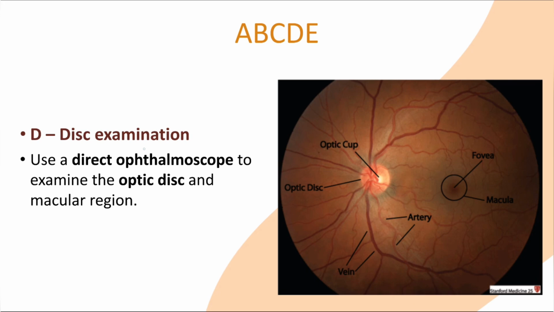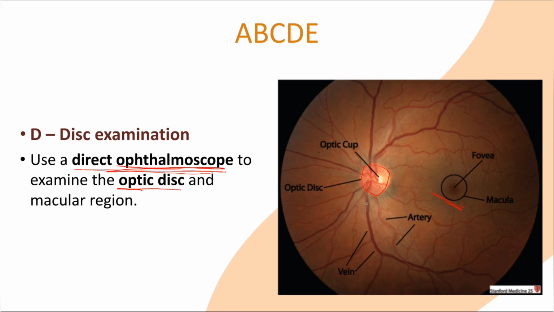Disc examination should be done by the direct ophthalmoscope. Most of the time it's not available, and even if it's available, many doctors cannot master the ophthalmoscope examination. Anyhow, if you have such an ability, examine the optic disc. You have to examine the optic disc and also the macular region in order to see if there is any abnormality.